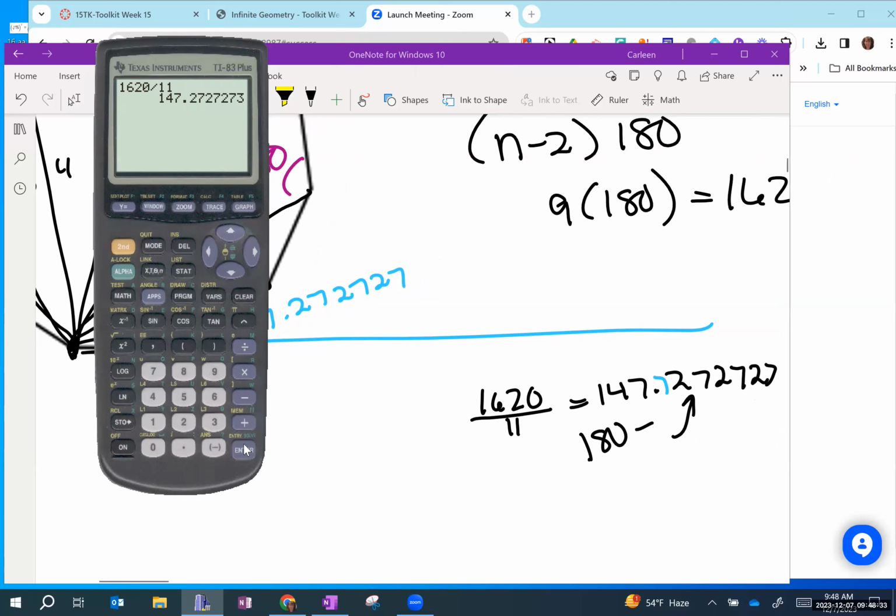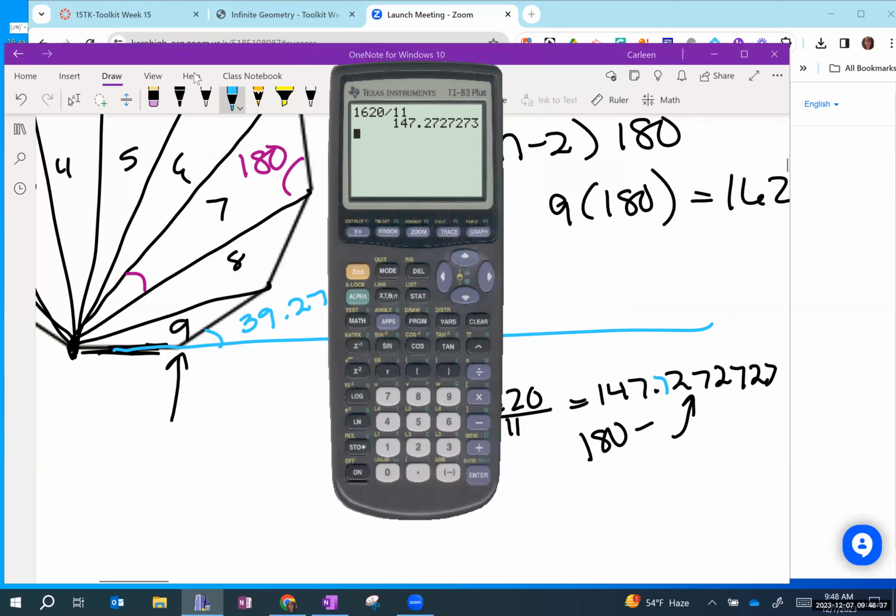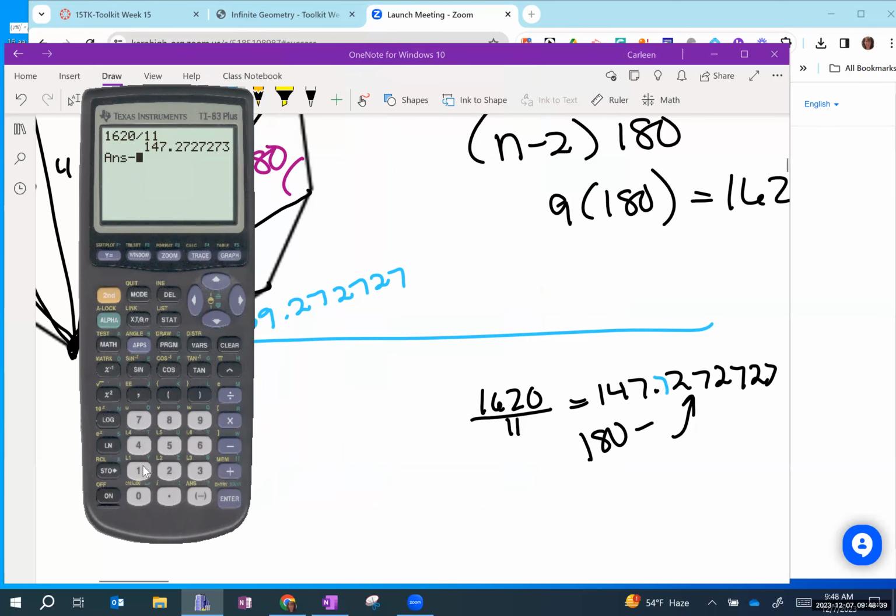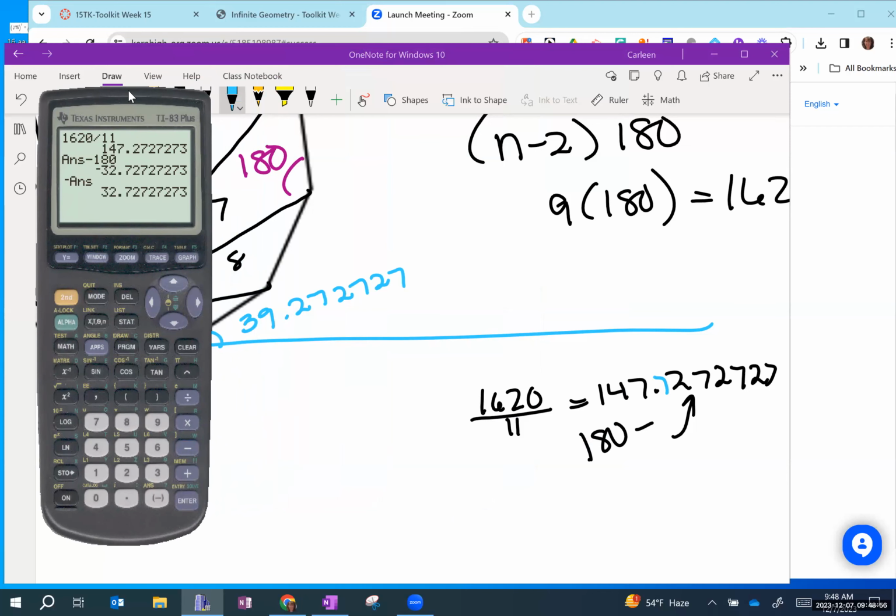There's one interior angle, right? The interior angles are the big ones. I'm going to subtract from 180, and then change the sign. Does everyone see that one exterior angle is 32.7?